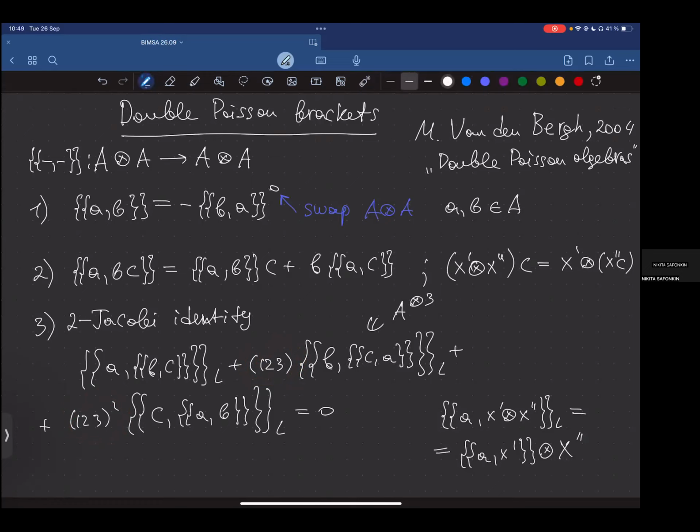So it is a cyclic permutation that pushes everything to the right. All right. This is the general definition of double Poisson brackets due to Van den Bergh.